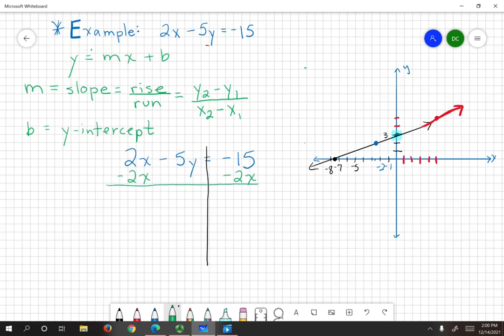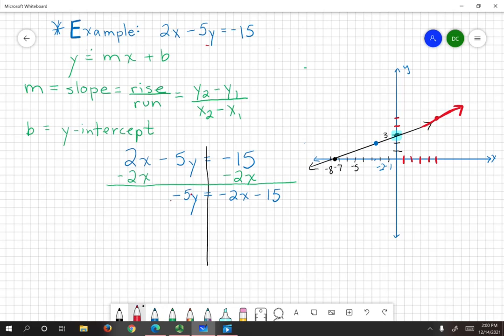Because I know I want it in y equals mx plus b form, I'm going to put my negative 2x first. So it's negative 2x minus 15. Negative 15 and negative 2x are not like terms, so I cannot put those together. I cannot combine them.